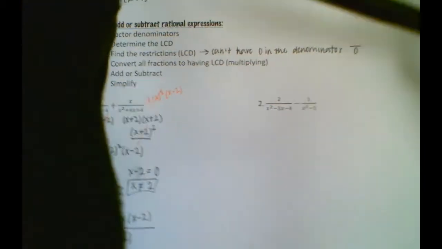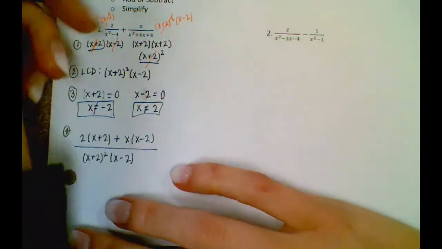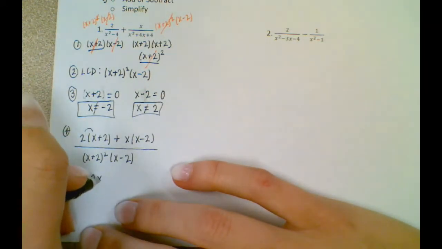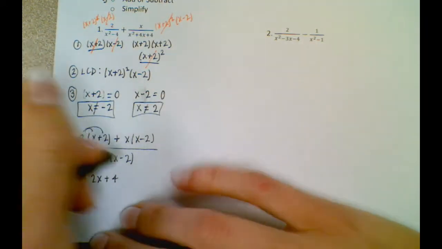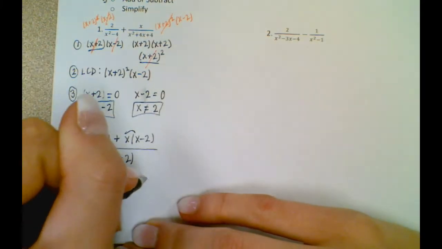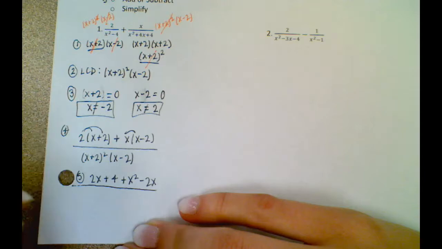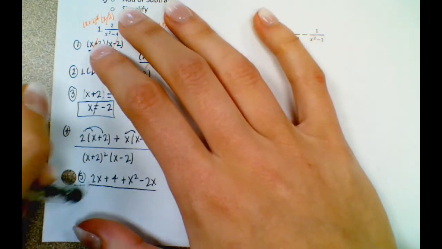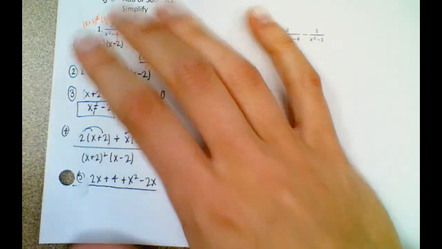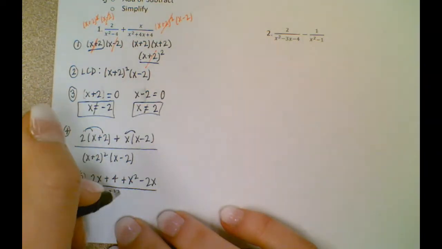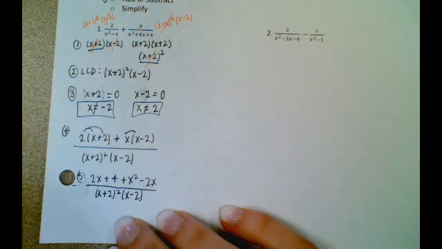All right, so then step 5 is you're going to add and subtract those terms. So this becomes 2x plus 4 plus x squared minus 2x, all over x plus 2 squared times x minus 2.